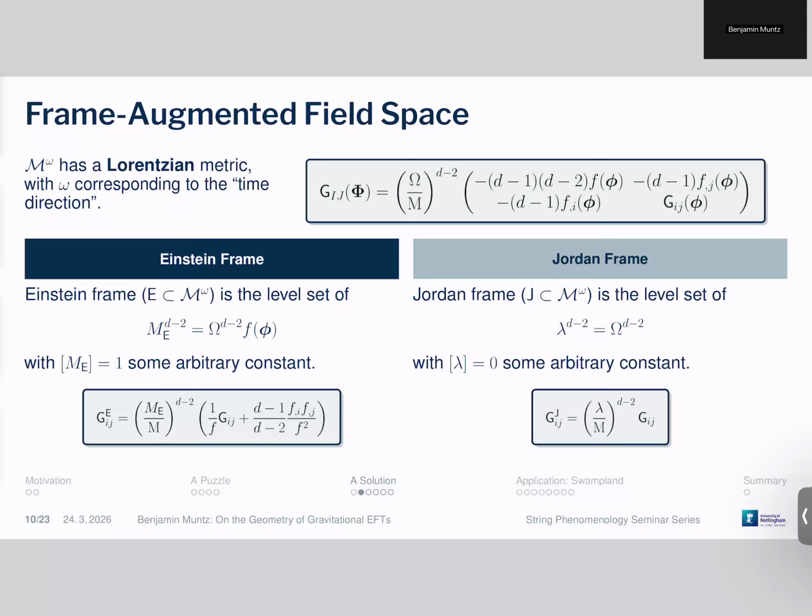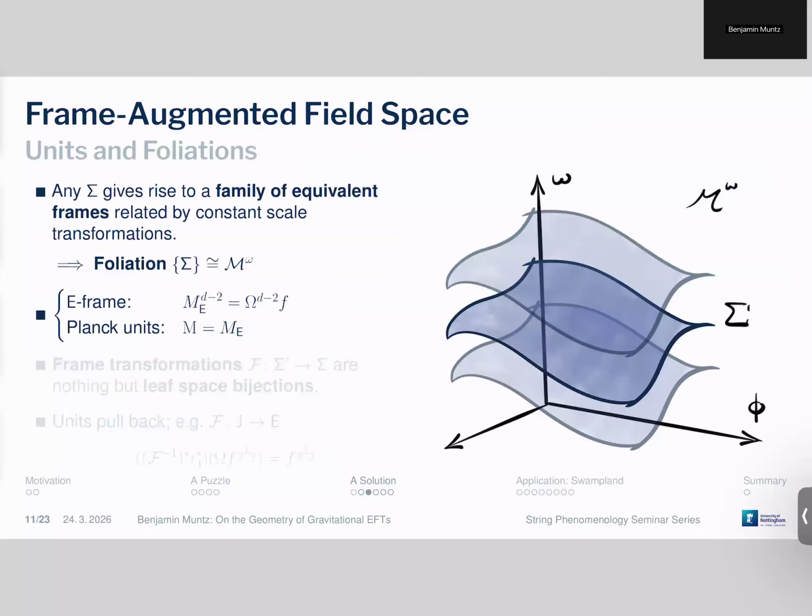So picking a frame doesn't just pick a hypersurface, it actually picks out an entire foliation of this augmented field space. Foliation where all the leaves are related by constant Weyl, or here I've written scale transformations. Okay, so that's the general picture.